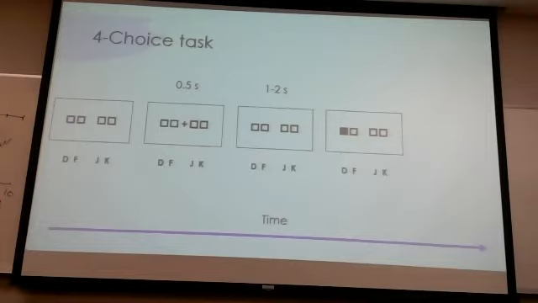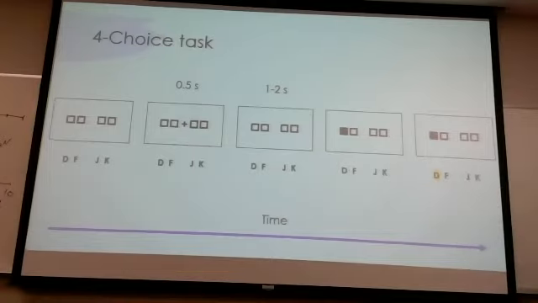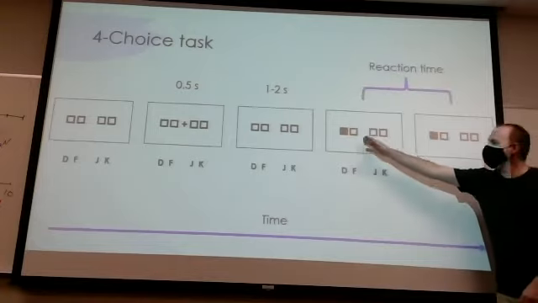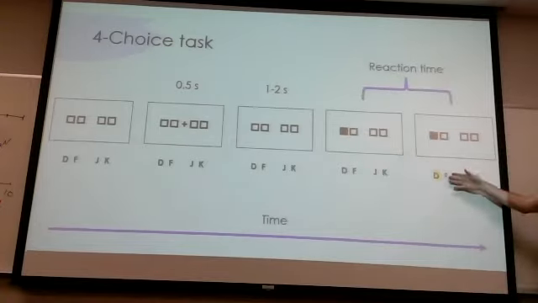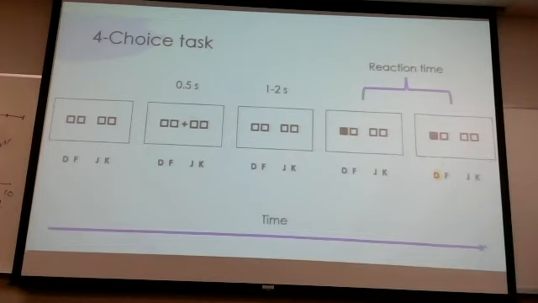In this case, it's the light where you should press the D key. So after a period of time, participants should press the D key. And the time between the go signal, the light appearing, and when you make the response, that is, of course, our reaction time. So that's what the task will look like.